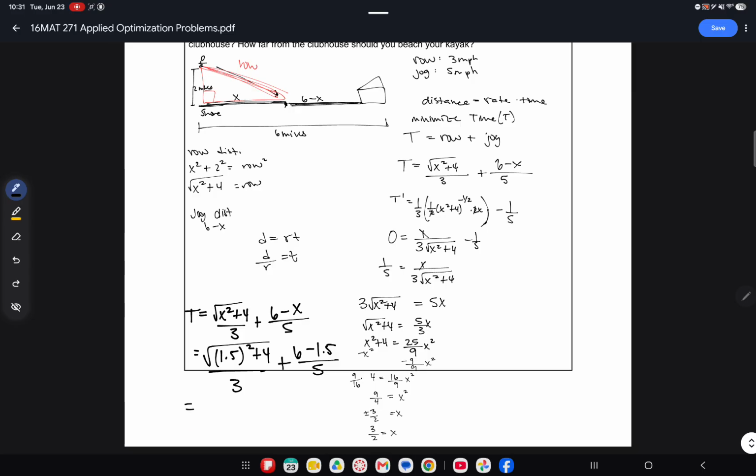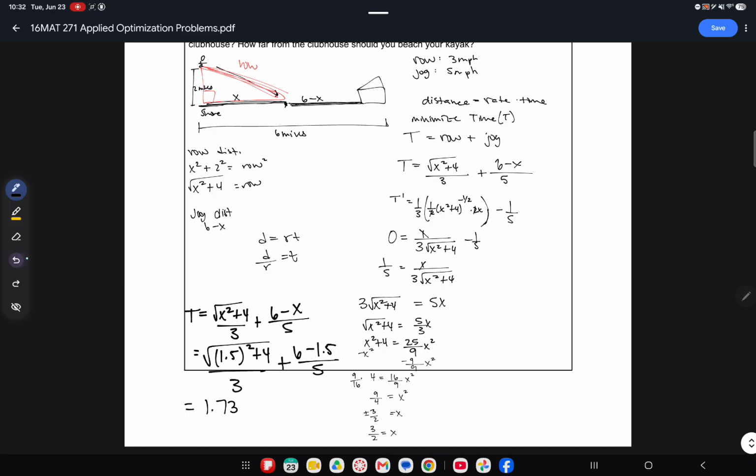Let's figure out what that is. 1.5 times 1.5. And then add 4 and square root that and divide by 3. And then add in 6 minus 1.5 divided by 5. And I get about 1.73.